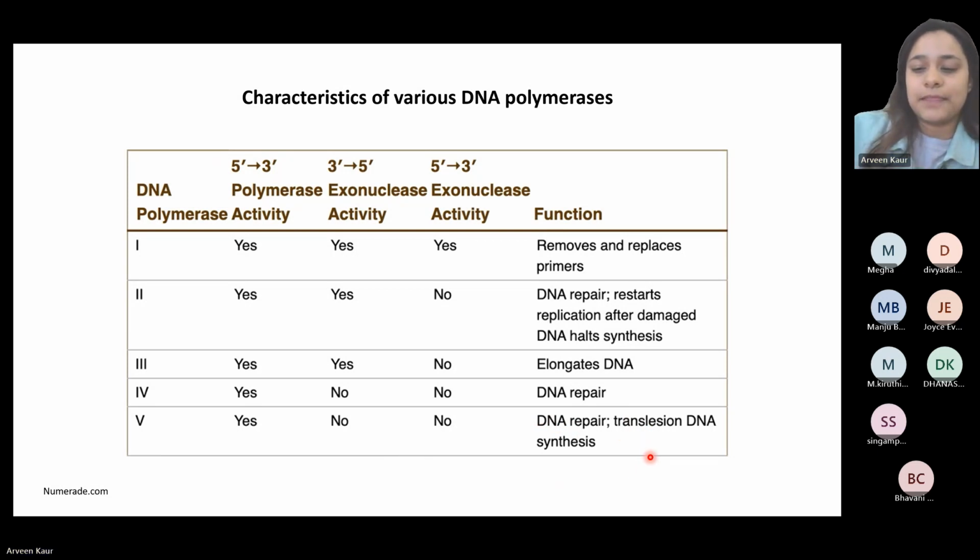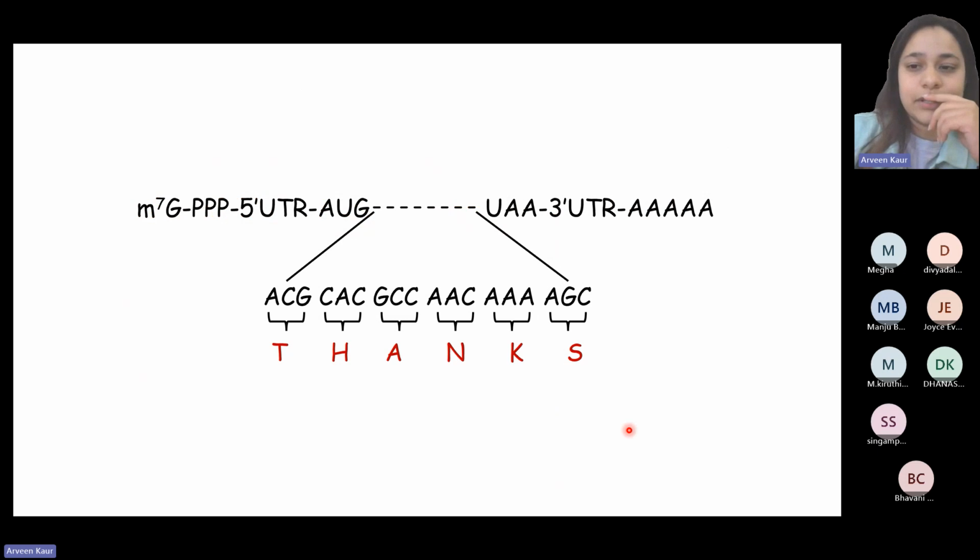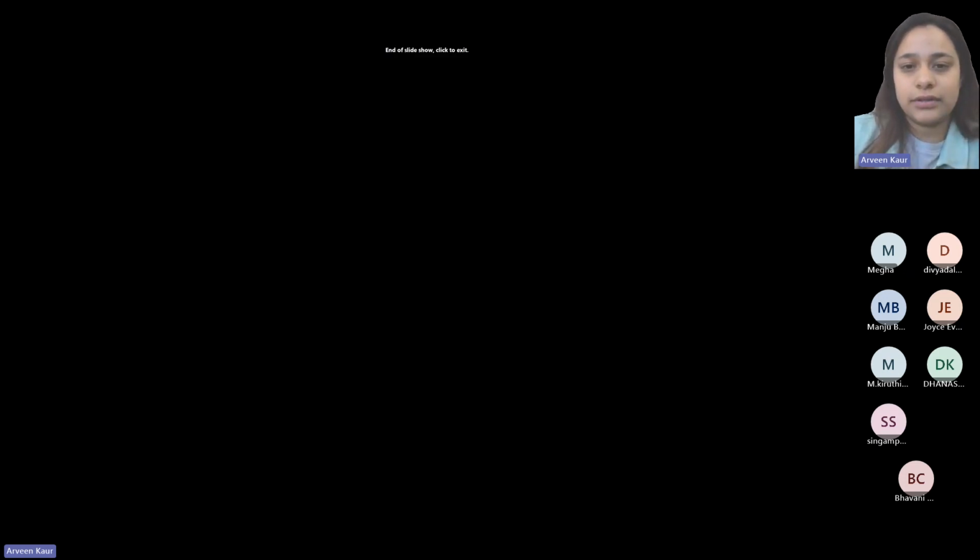So sometimes it helps you overlook some lesions that are present in DNA and continue the synthesis so that the halt is not there for long. This also has been discussed in ma'am's lectures, translesion DNA synthesis. I hope you remember that. So that brings us to the end of this segment also.